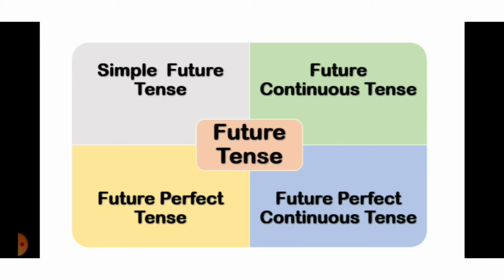Now, future tense is of four types: simple future tense, future continuous tense, future perfect tense, and future perfect continuous tense. So we are going to discuss these four different types of future tenses, and try to understand how the verbs appear in these forms of tenses.